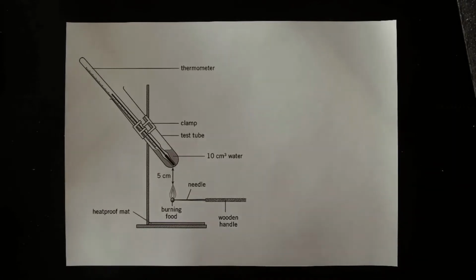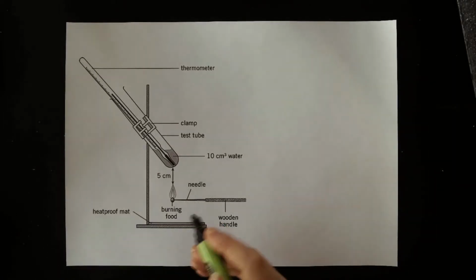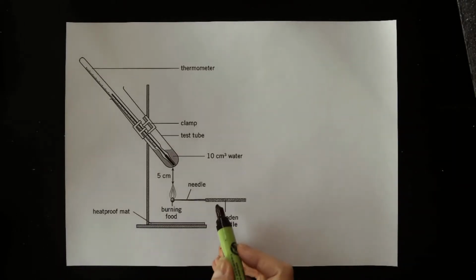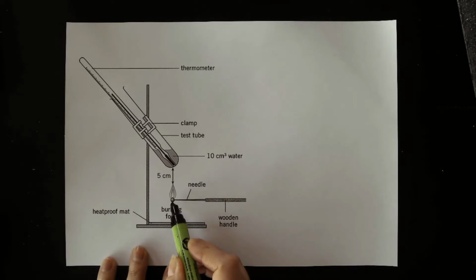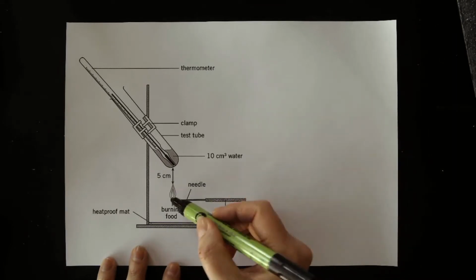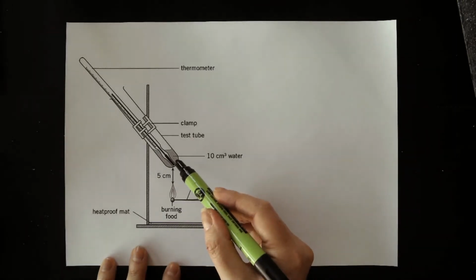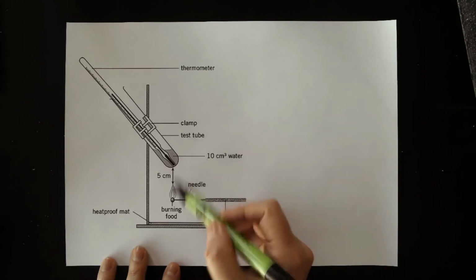This is a diagram of how I will carry out that investigation. So here I've got a needle on a wooden handle, and I'm going to put the crisp on the needle and I'm going to light the crisp so it will be on fire. Above that is going to be a test tube of water.